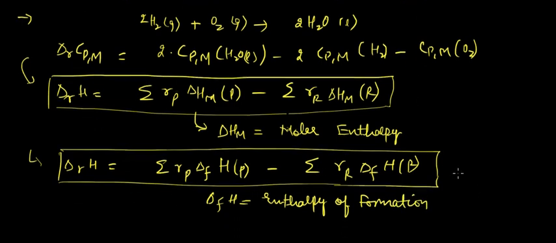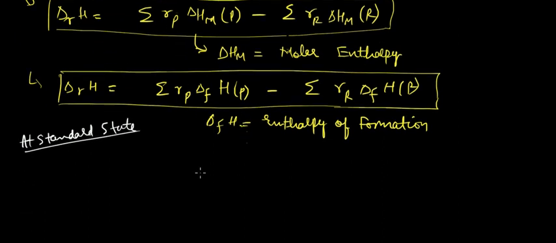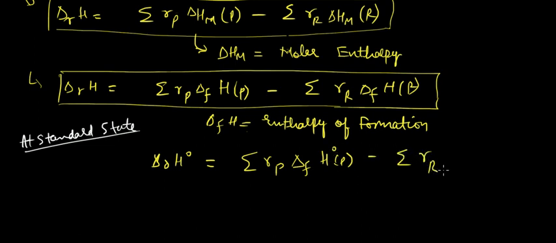Okay, and similarly at standard state we can write that delta_r H naught would be equal to the summation of nu_P delta_f H_P naught minus the summation of nu_R delta_f H_R naught.